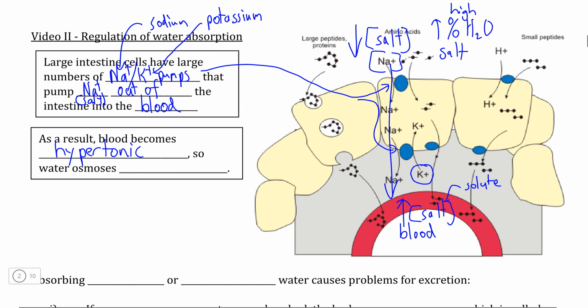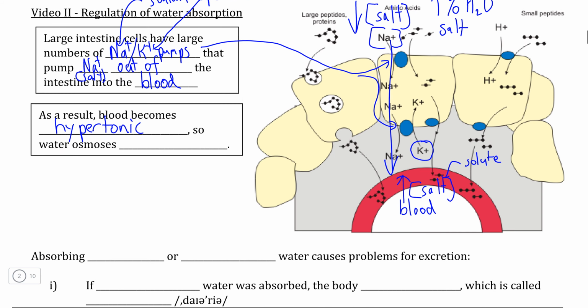And as we increase the amount of solute in your blood, we are decreasing the percent of your blood that is water, and therefore this is going to be the low percent water side.